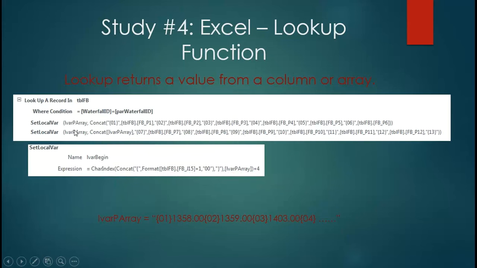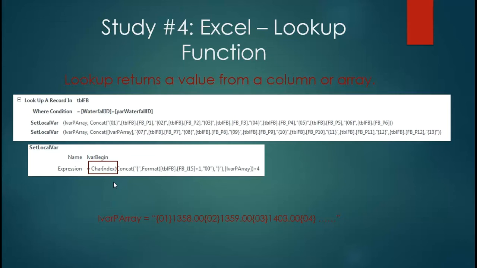Now that I've got that array, I need to find the beginning of the number that I want. So we're going to take a look at what we're doing here. We use the character index function, and that will give us the starting position of a string within another string.